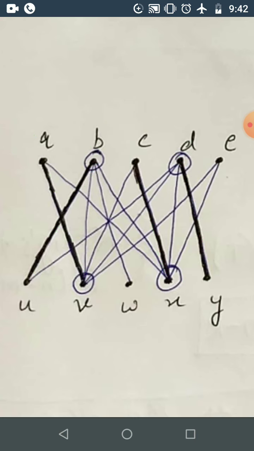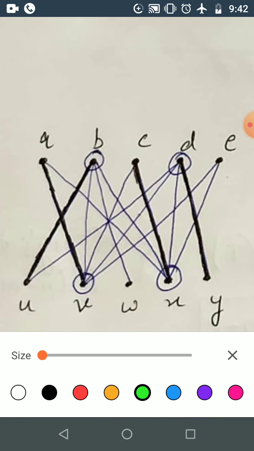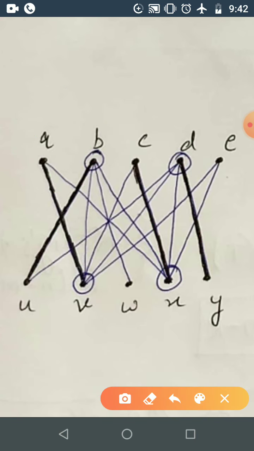And if you don't want these edges, then you can also consider UB, then VC, and then you can take XE and D with Y. Okay, this is also forming a maximum matching, but the cardinality will always be 4.